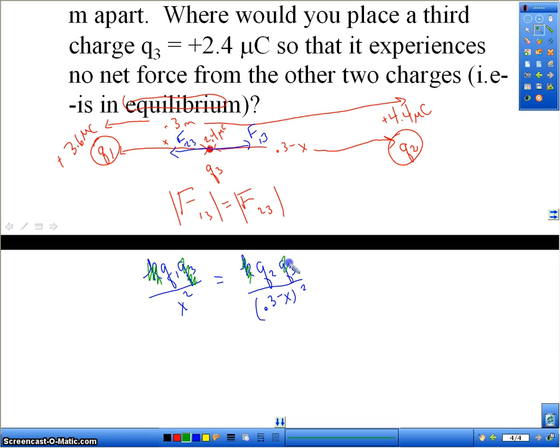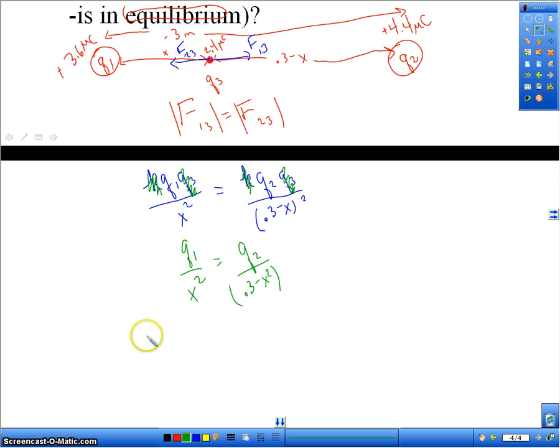So I'm going to end up with Q1 over x squared equals Q2 over 0.3 minus x squared. So I'm going to plug in Q1 is 3.6 times 10 to the minus 6 over x squared, and Q2 is 4.4 times 10 to the minus 6 over 0.3 minus x squared.